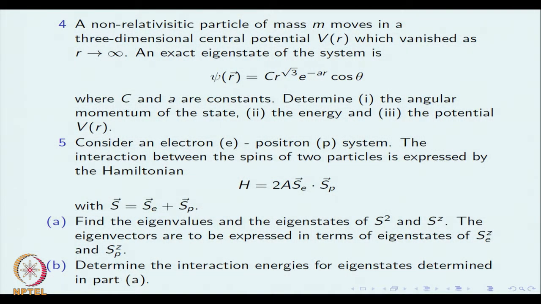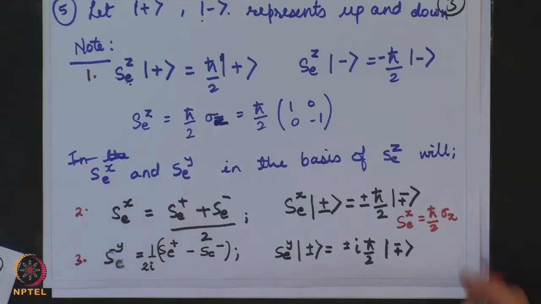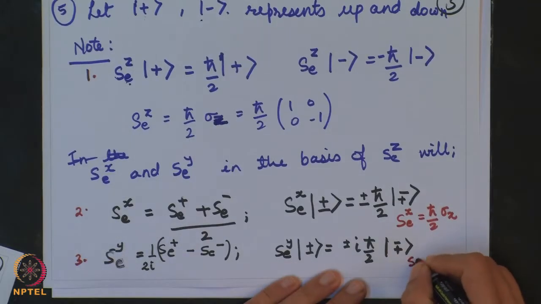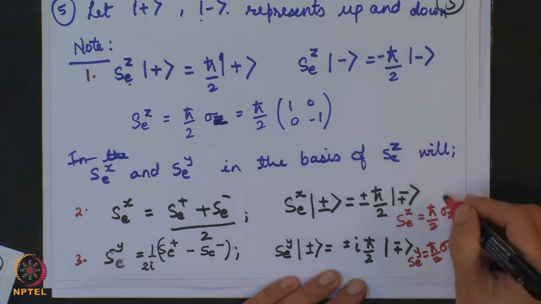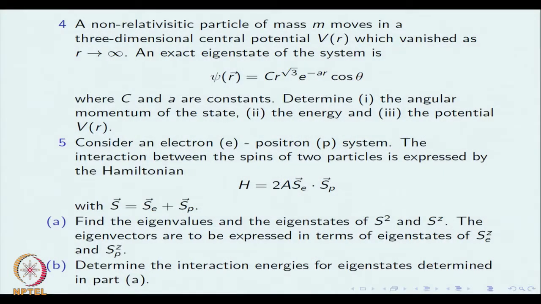Let me also write Sey is h cross by 2 sigma y, which I did not write before.